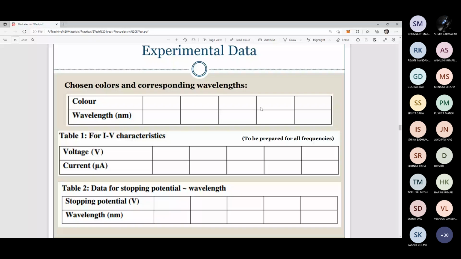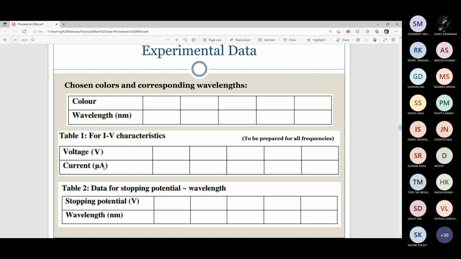Now you have to write the particular wavelength you are considering, and then the color of that wavelength. So you have to take different sets of readings for this.